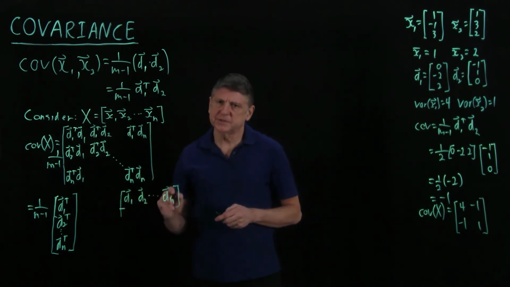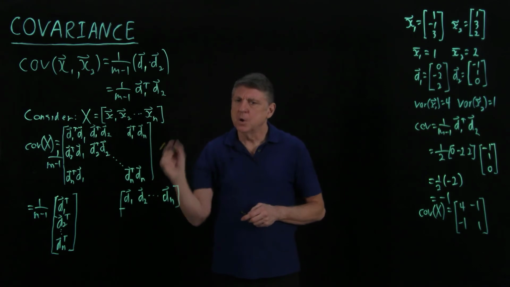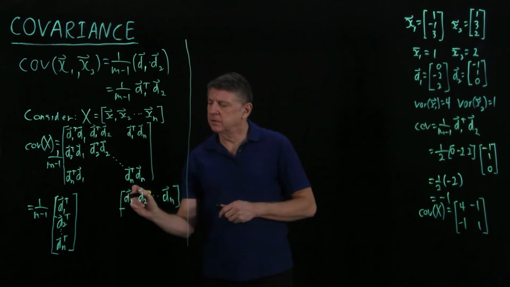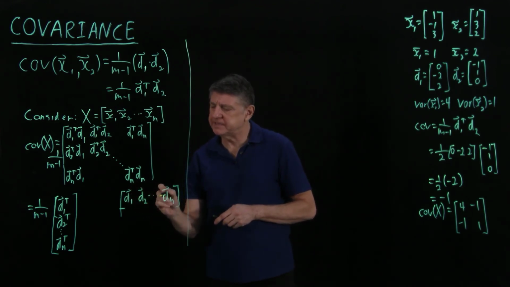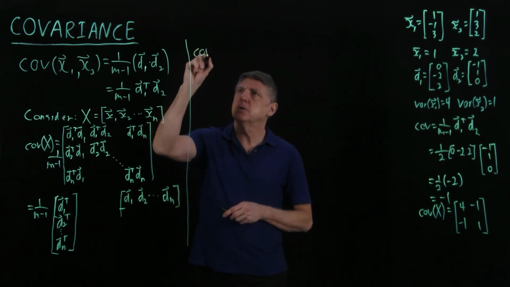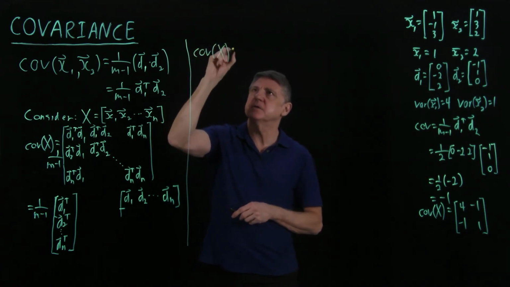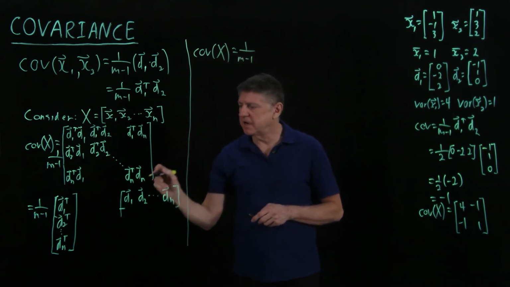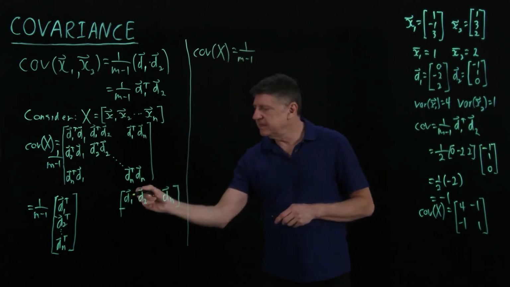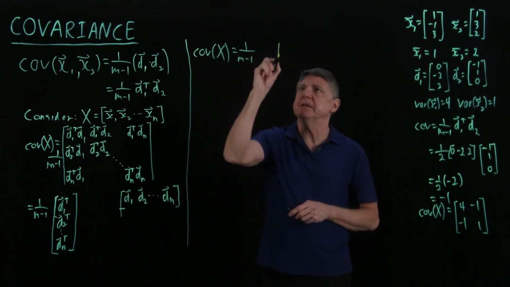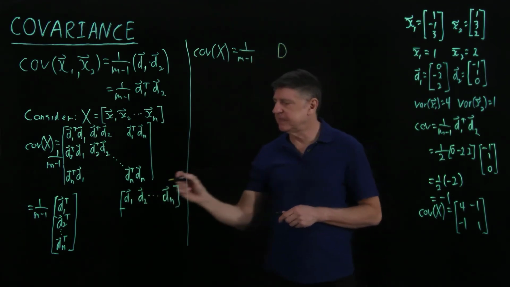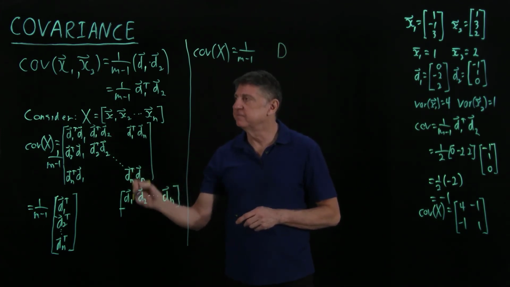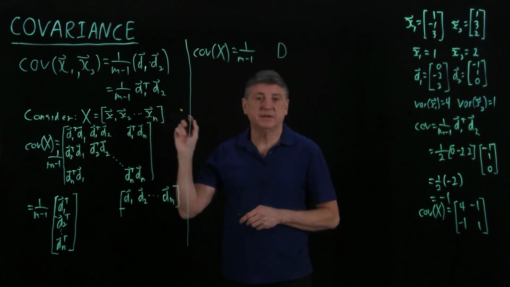Now, coming back to this general case, suppose that we represent this as a matrix D. So our covariance of our design matrix is 1 over m minus 1 times, if this is the difference matrix, so each column is a difference vector. Each difference vector is the difference between a data vector and its mean.